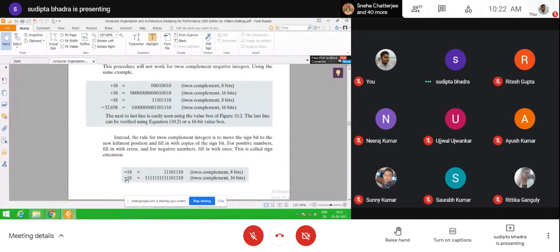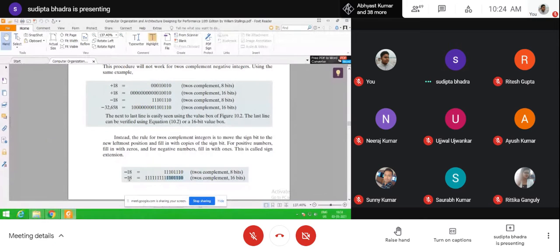The convention is that if minus 18 is represented by 8 bits, where the 7th bit is 1, then when it is stored in a larger word space, means 16 bit, the values from 0 to 6 will be the same as before, and 1 will be stored at the extreme, the 15th bit, as well as all the bit positions in between will be filled up by 1. Then only are we going to get minus 18.